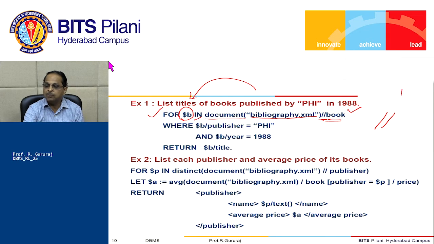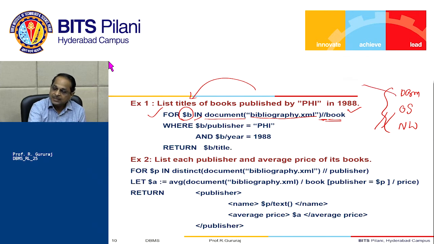If there are 3 books, DBMS is one book, OS is another book, and networks is another book, all these 3 book elements as a collection are bound to $b, and each one of these elements is assigned to $b in one iteration. So in the for clause, I have collected all book elements, and in each iteration of execution of this query, one element is assigned to $b, which is known as the path variable.